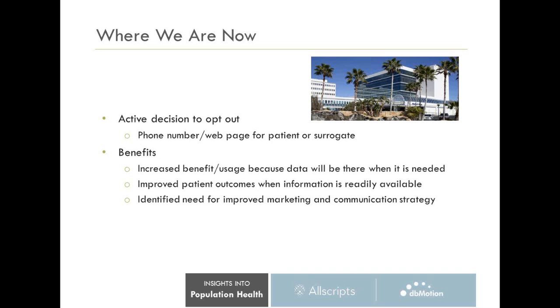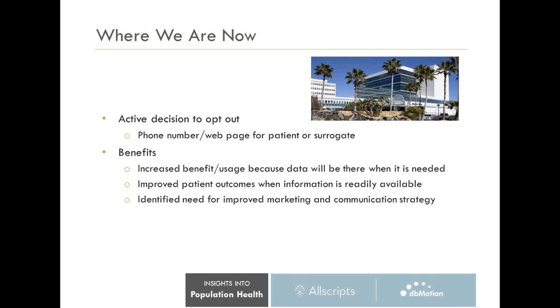We have just recently made this change. We did a lot of education with the registration staff, with HIM, and we had to put together an 800 phone number for the patients to be able to call to opt out, and make sure the consent process was clear. We are now in the middle of an upgrade for DBMotion, and therefore I don't have any metrics to show you.